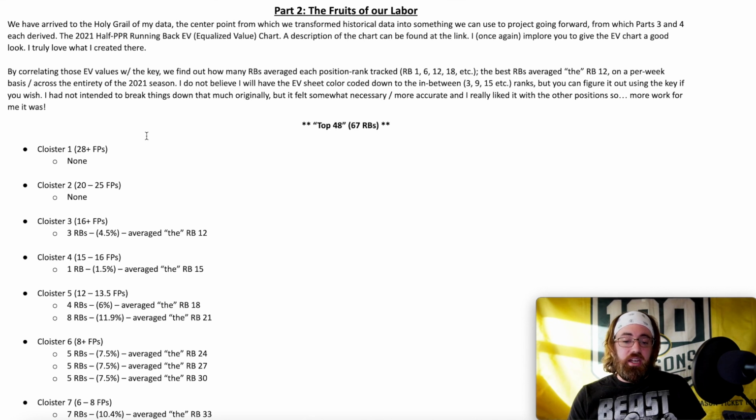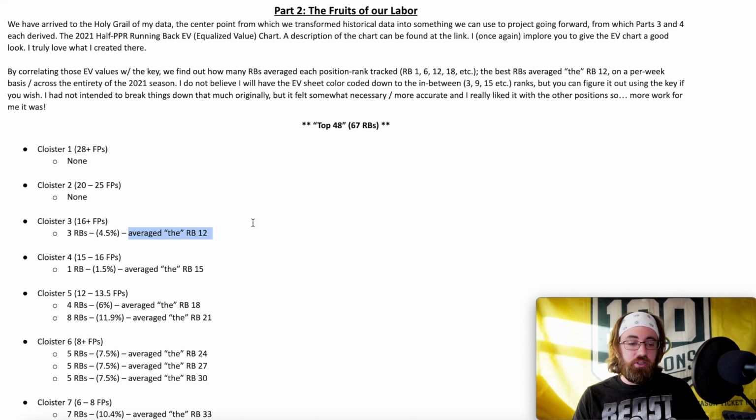But the short of it is, in that process, I take the players from those EV charts, from how they averaged, what area of the position they averaged within. So like the RB12, as you see here, was what the 3 best running backs of 2021 averaged, as I have highlighted there.